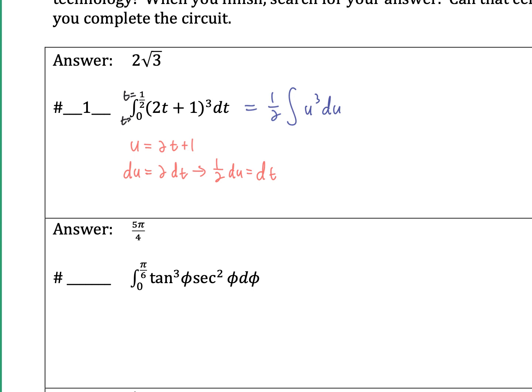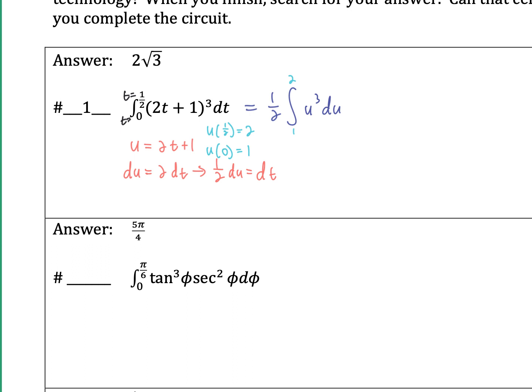And I'll even write it this way: u of the top limit and u of the bottom limit. If you plug in a half into here, 2 times a half is 1, plus 1 is 2, and that'll be our limit up here. Then if you plug in 0 into here, 0 plus 1 is 1, and that'll be our limit down there.